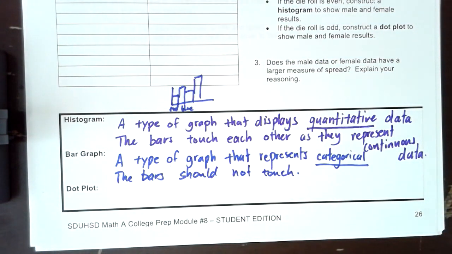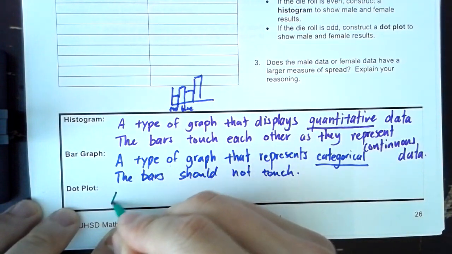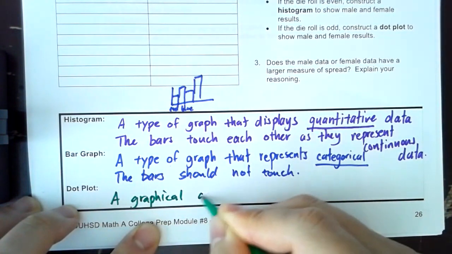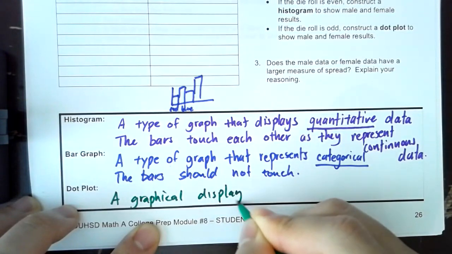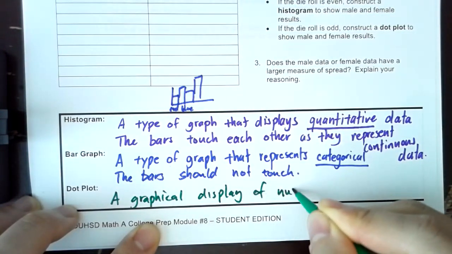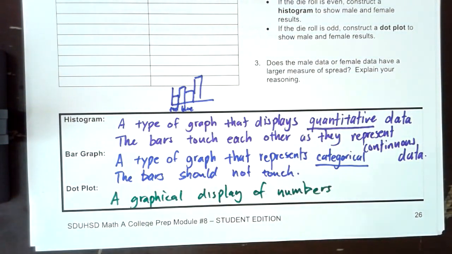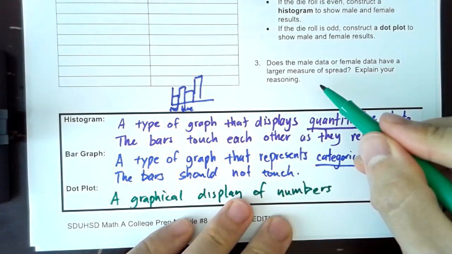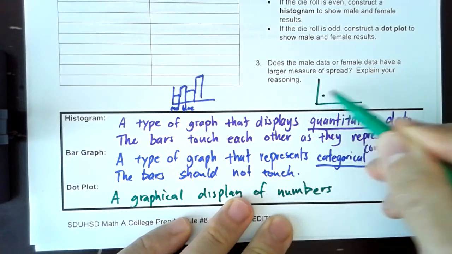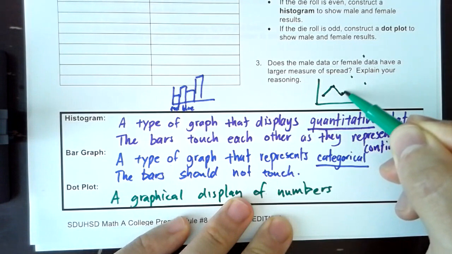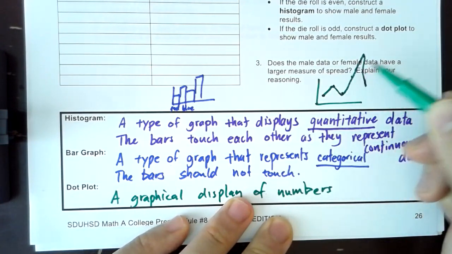And then finally, we have a dot plot, which is a graphical display of numbers. It's just a visual, a graphical display of numbers. Okay, dot plots are used often, and they're used to show growth. So sometimes you'll see a dot plot go like this, and it will look maybe something like that, right?